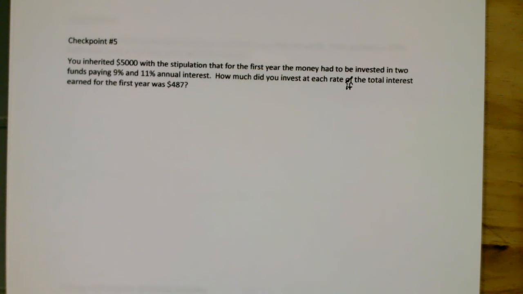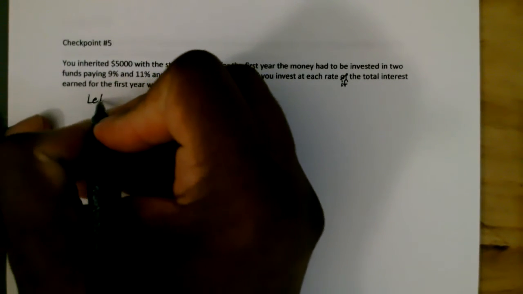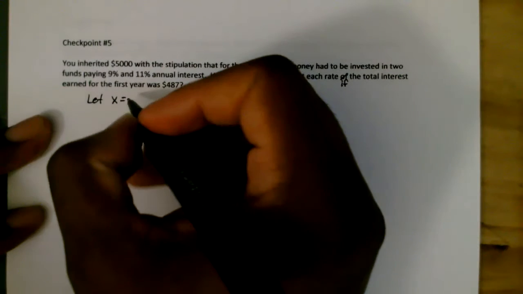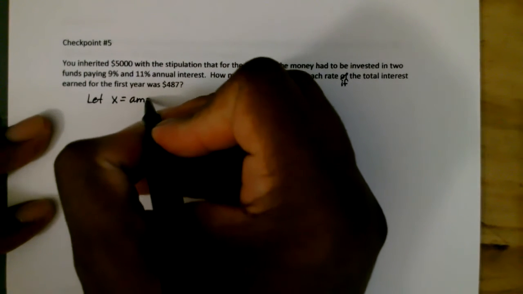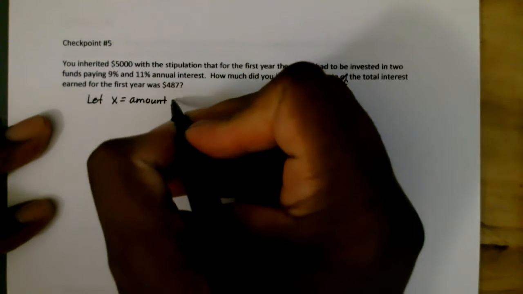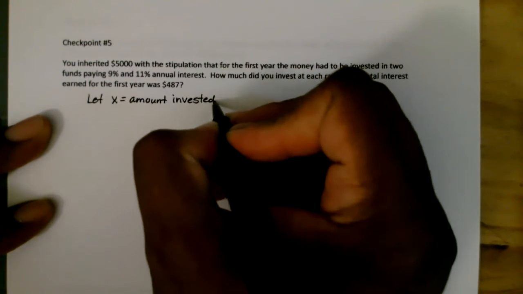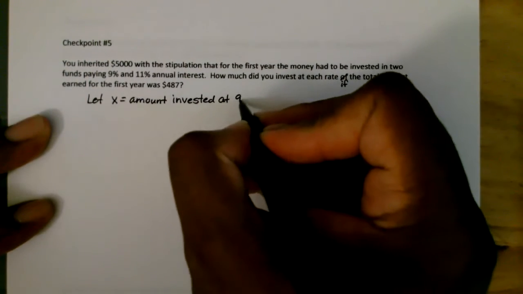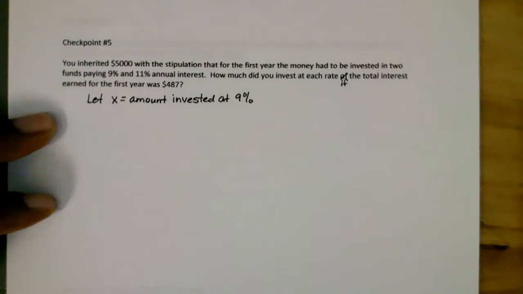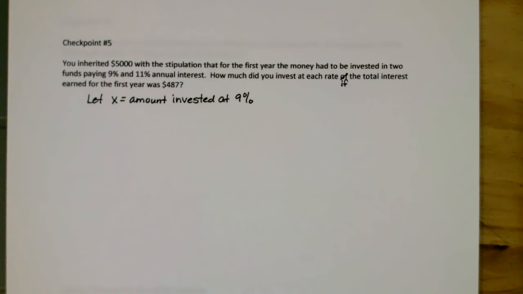All right, so let's look at this for a moment here. I'm going to let X equal the amount invested at the 9%. So X is going to be some amount invested at 9%.